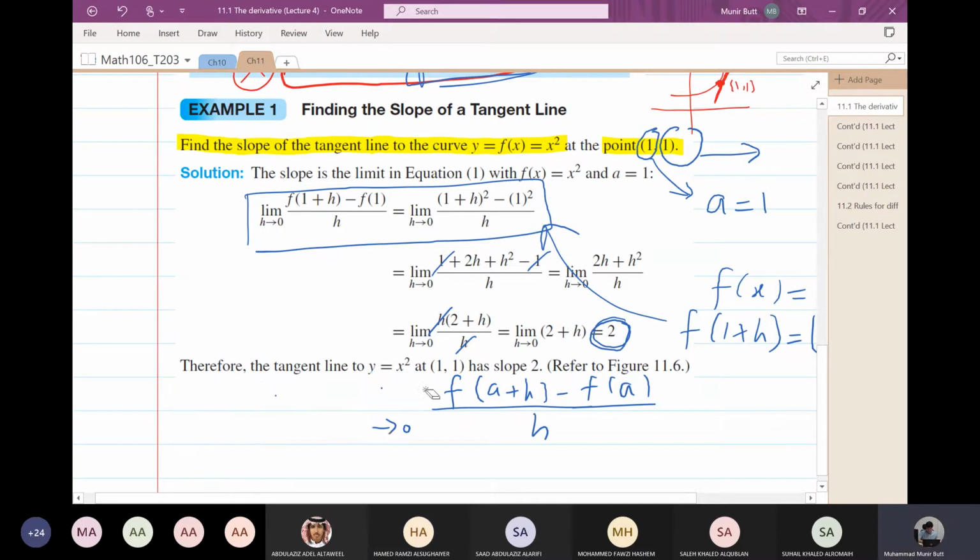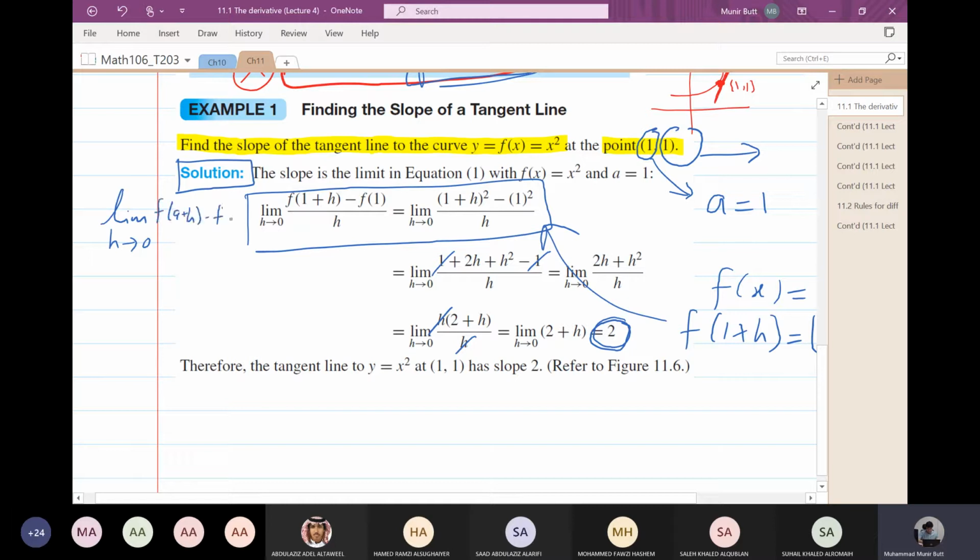So I will write it out for your understanding. Actually, all the solution is in front of you. You see here the solution starts from here. This is the limit as h approaches 0 of (f of a plus h minus f of a) divided by h, and this is equal to this one.